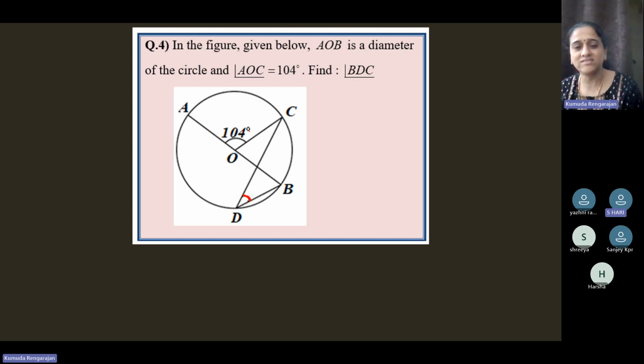What's the answer? 52, how? I said 70. 180 minus 104. How? DCB, BCD, BDC, what's the idea?